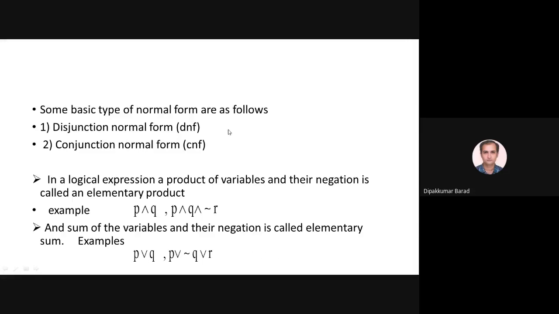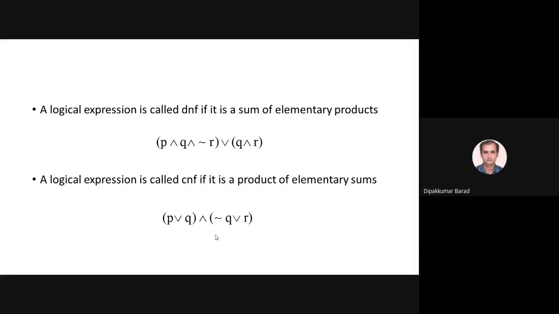Now disjunctive normal form means the sum of elementary products, and conjunctive normal form means the product of elementary sums. A logical expression is called DNF if it is the sum of elementary products, and an example is given here.